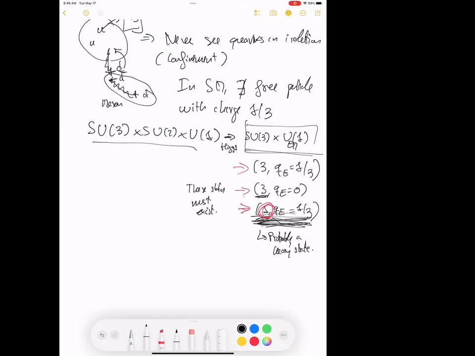Exactly, it's very similar to that, but those are composite excitations. At no point can you isolate these objects. They behave as if they have electric charge 1/3, but they don't really. You cannot surround one of the excitations in the quantum Hall effect by Gauss's law and measure a quantized charge of 1/3. With this one, you can. You can just put it in a lab and measure it. Okay, thank you so much.